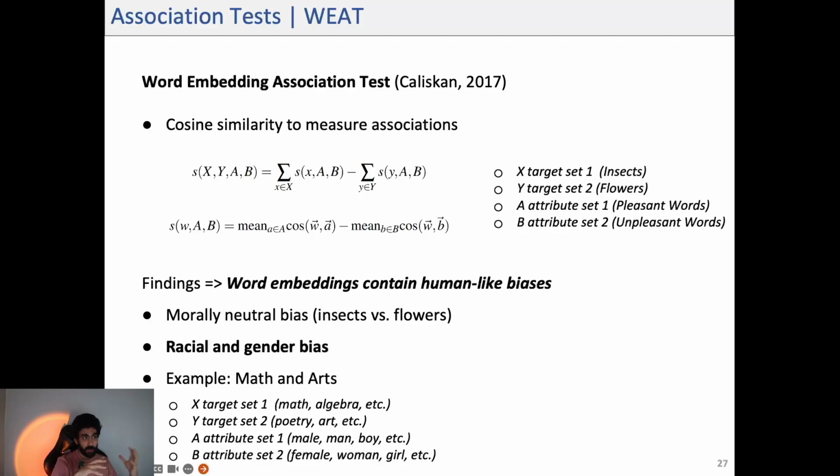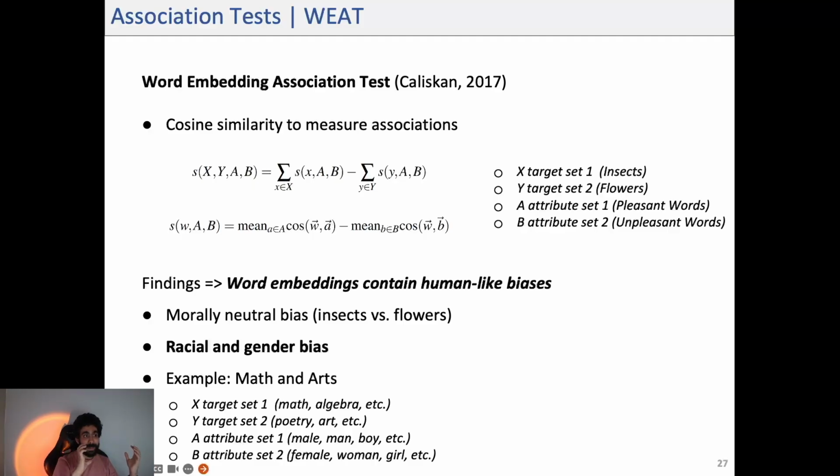So we use cosine similarity to measure how closely two groups of words are associated in the embedding space. Here's how it works. We define two target sets. Let's say X, words like insects and flea. Y, words like flower, clover, and so on. And two attribute sets.